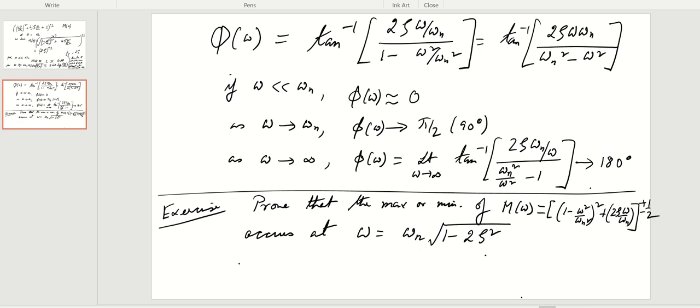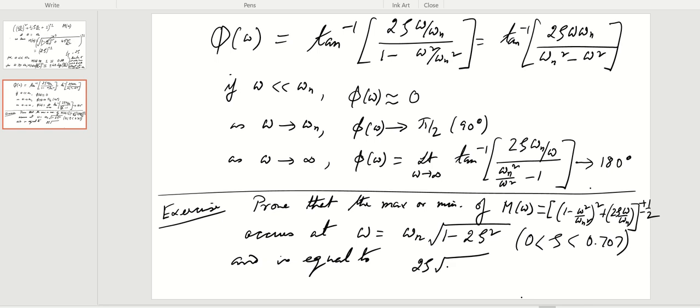In fact, this will only exist for zeta belonging to this domain, 1 by root 2, which is 0.707, and the peak value is, I think, if I am not mistaken, 2 zeta to the power plus minus 1, please verify this.